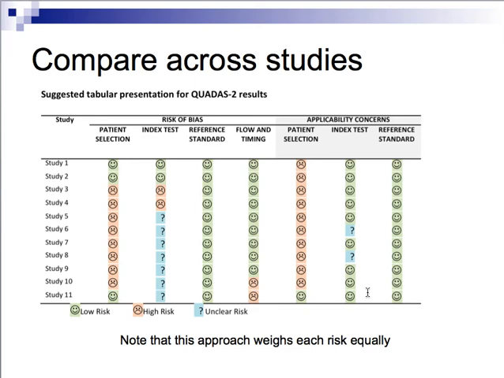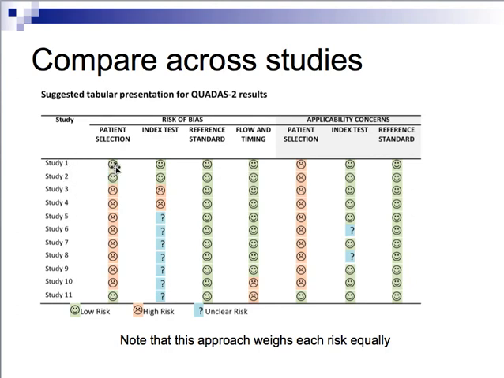Finally, here's the final results. So essentially, this is an example from the QUADAS 2 website where we can see that the categories or domains of the questions related to the QUADAS 2 are detailed in the columns here at the top, and then each study is listed here in the rows.